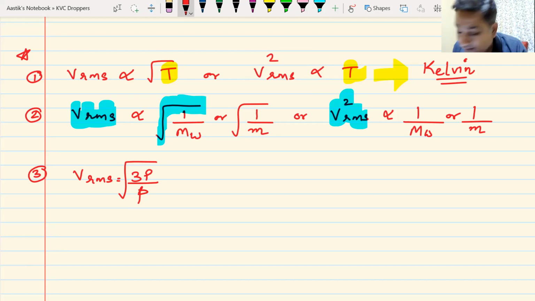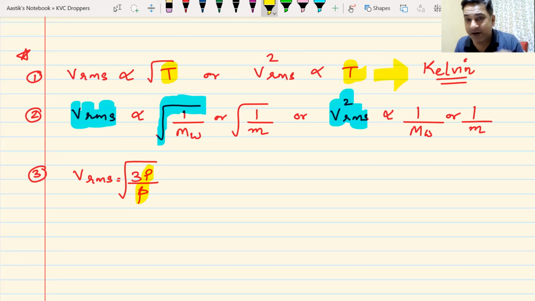Remember, that is not the case. In general, VRMS only depends on the temperature of the gas. It does not depend on the pressure of the gas or the density of the gas. Now you will say, sir, the formula is coming like this. But remember, when I see this formula, I see the ratio of P by rho.